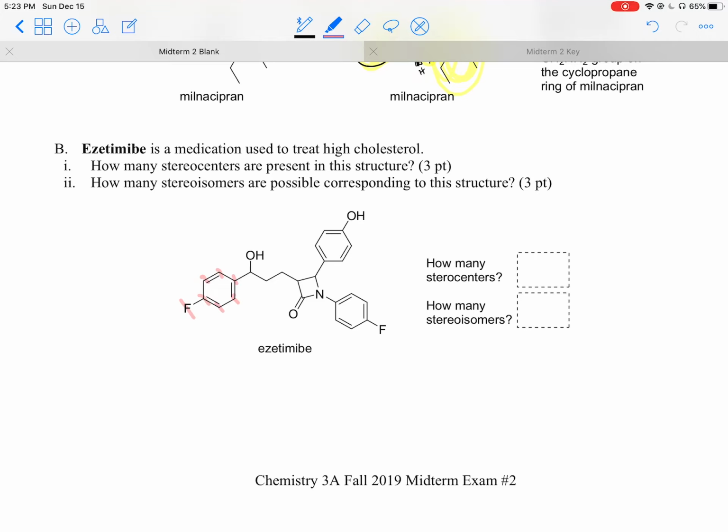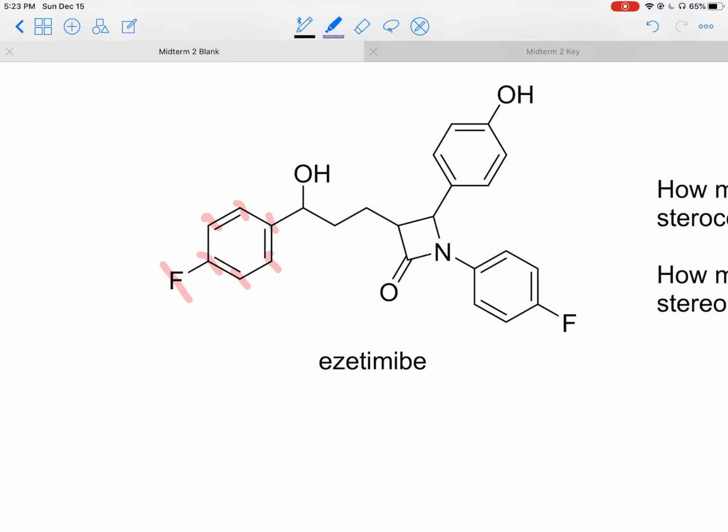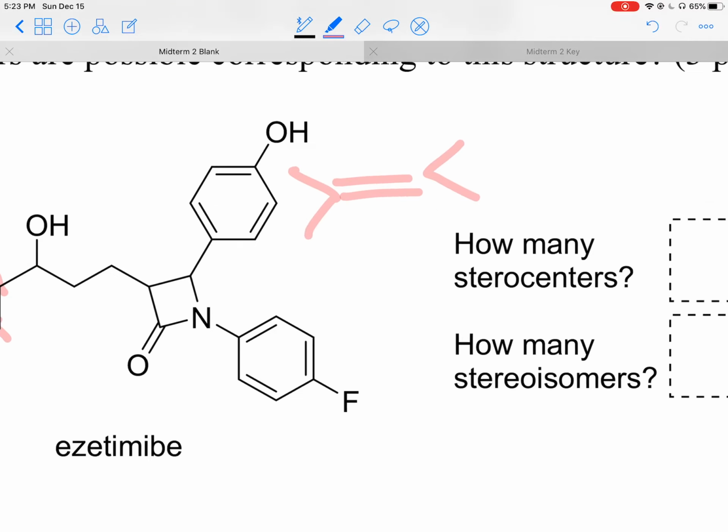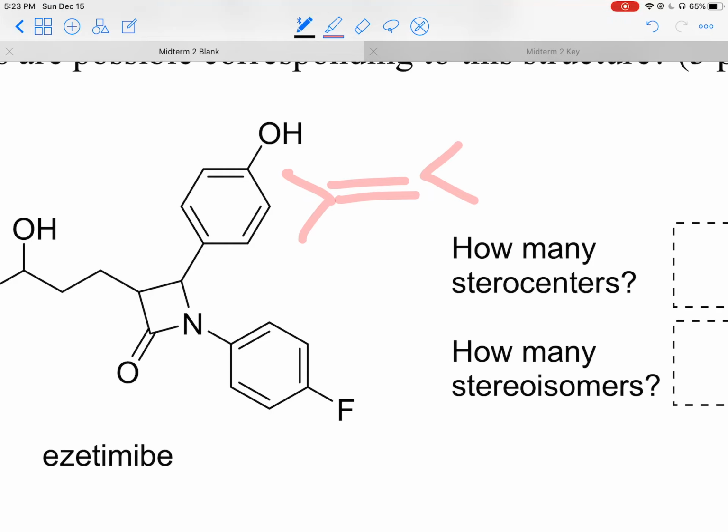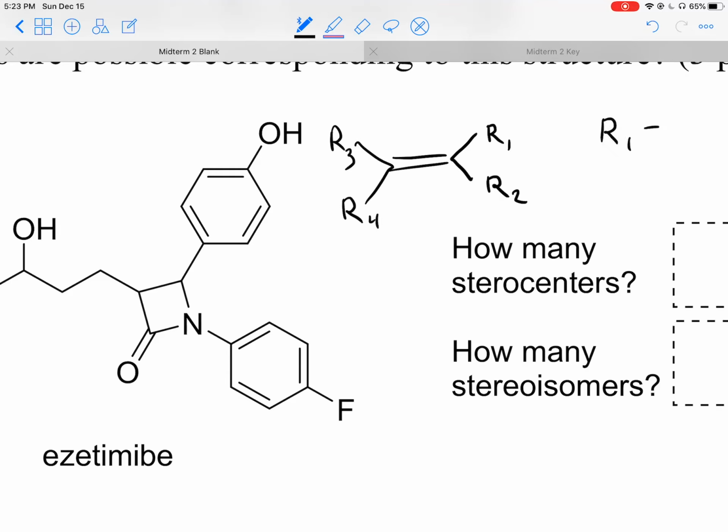stereocenter. Well, that's not true. You could, if it's like a regular alkene where there's different groups attached to all 4 of the sides, or, let's see, if it's an alkene where this one is different from this one on both sides, R3, R4, where R1 cannot equal R2 and R3 cannot equal R4.